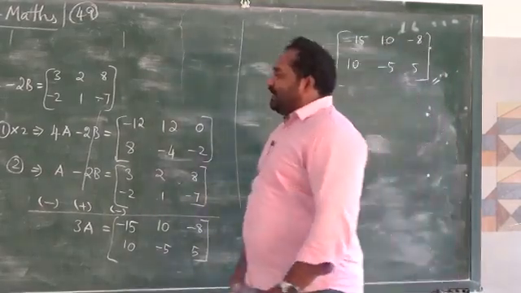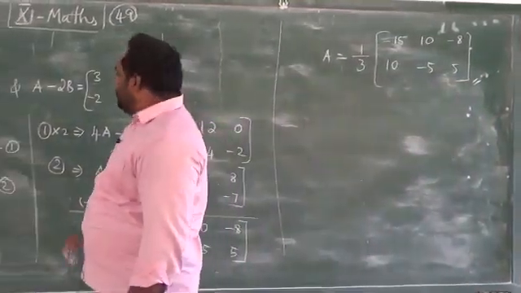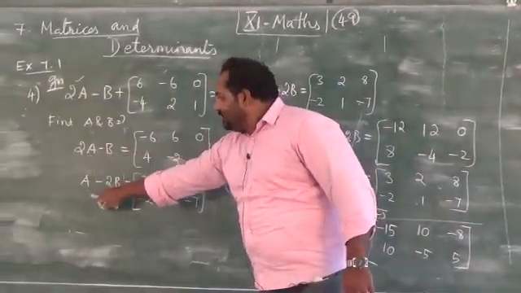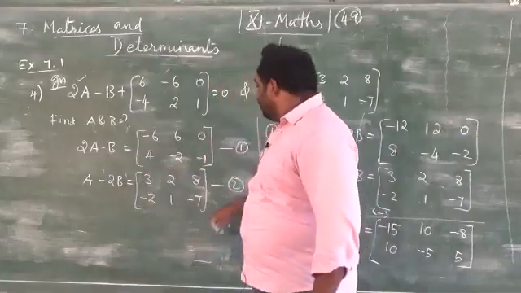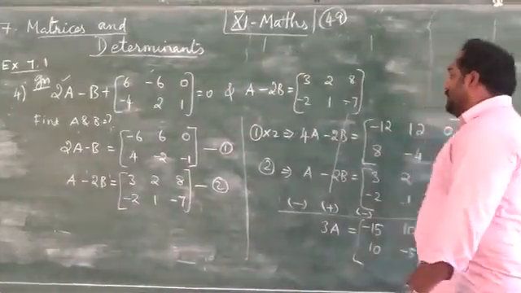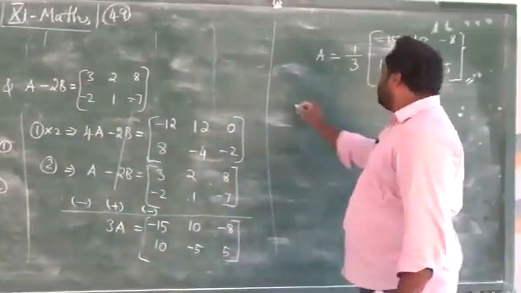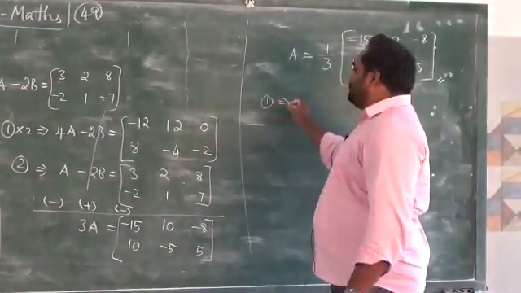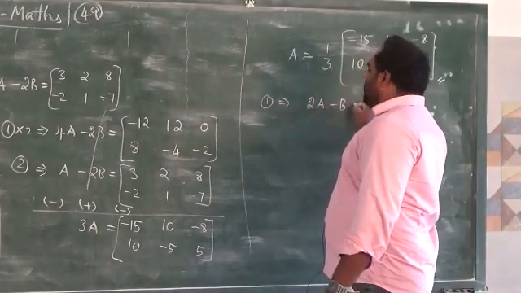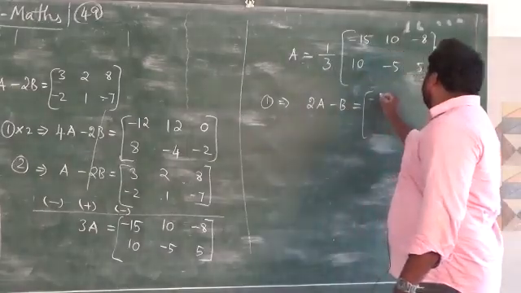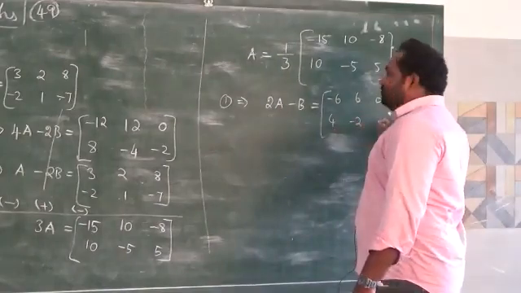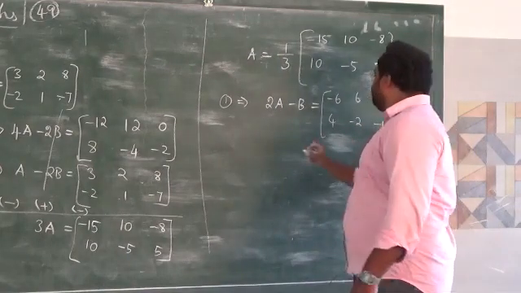Next, how can we find out the value of B? Here we have to cancel the A value. How can we cancel? In the second equation we have to multiply with 2. We will cancel the matrix A, we will get the B value. So equation 1 as it is, 2A minus B equal to minus 6, 6, 0, 4, minus 2, minus 1.